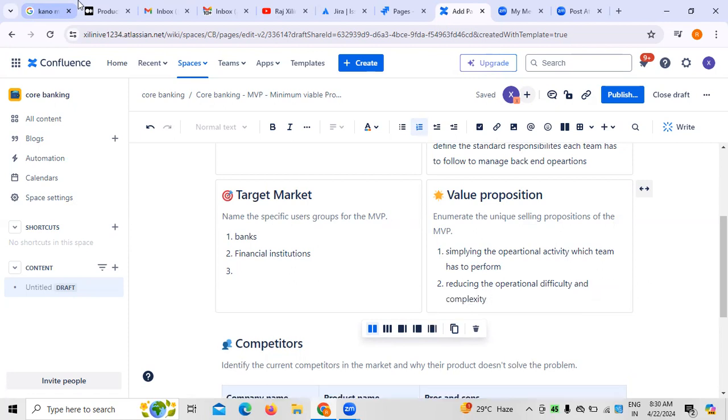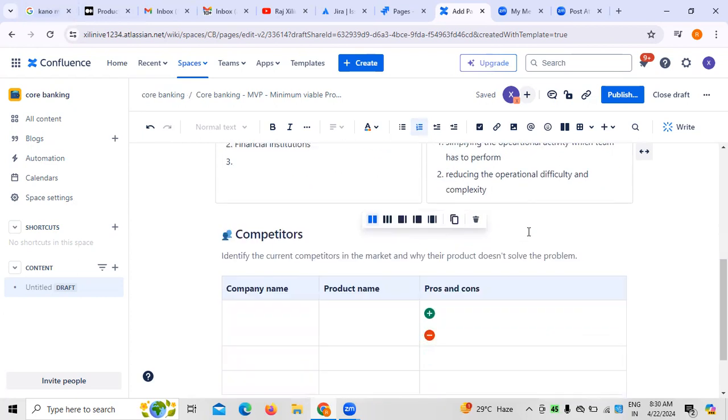These are the major USPs any financial institution wants to achieve, because they want to reduce the operational difficulty while managing a lot of operations in the bank. At the same time, they want to reduce complexity. This is the value proposition, where we enumerate the USP of the MVP.